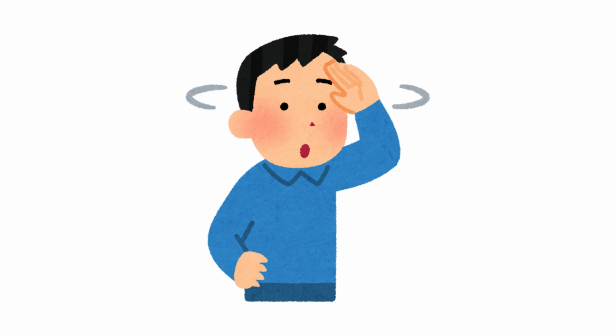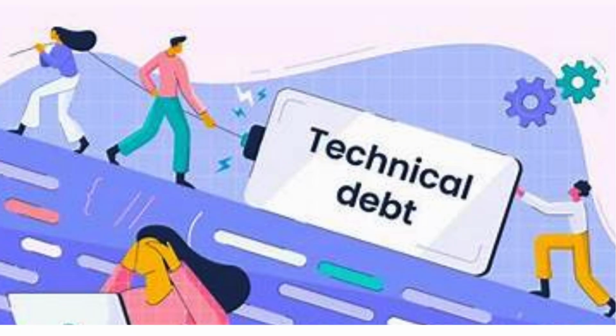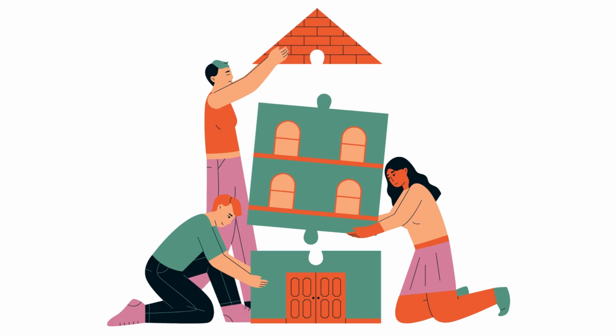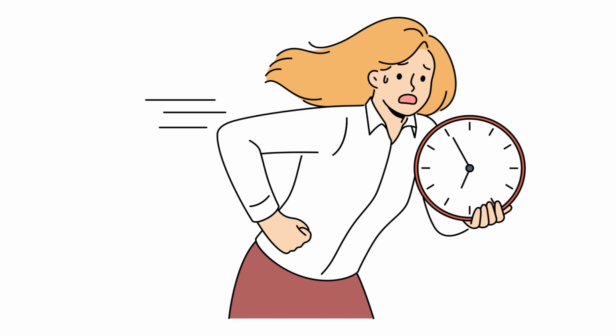Today, we are talking about something every TPM eventually runs into: technical debt and how to manage it like a pro. What is technical debt? Imagine you are building a house. You run out of time, so instead of laying a proper foundation, you just throw some blocks together and hope it holds.